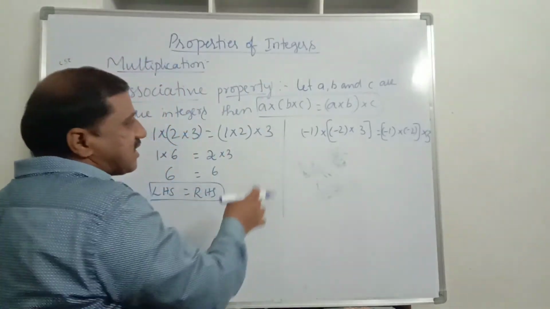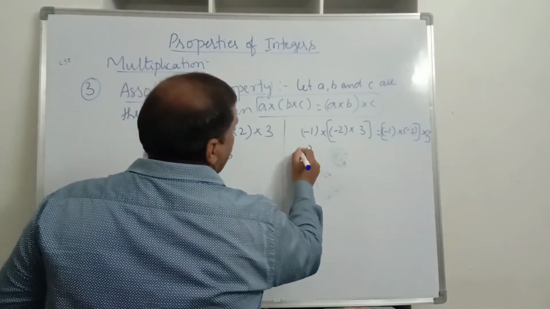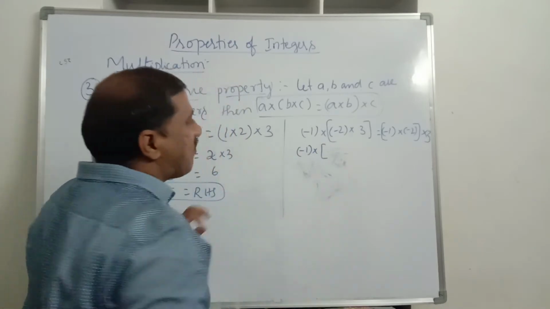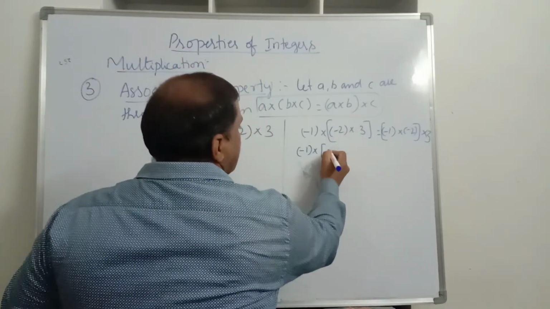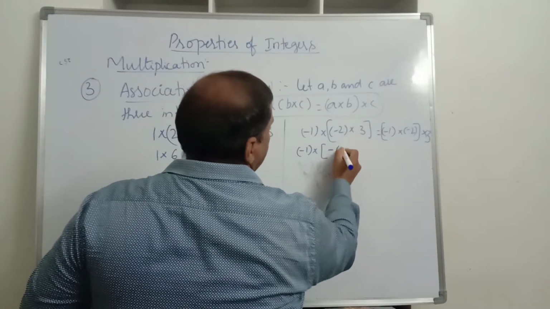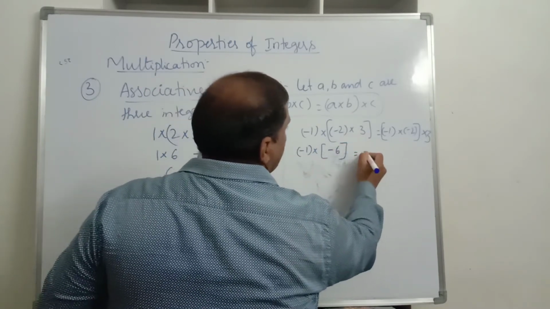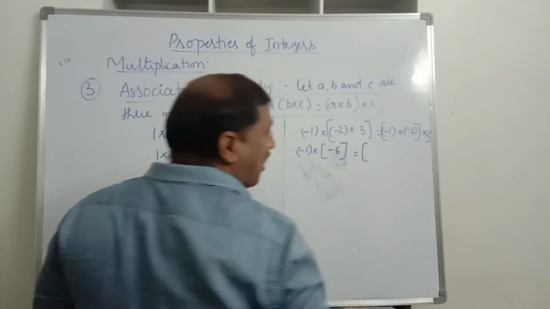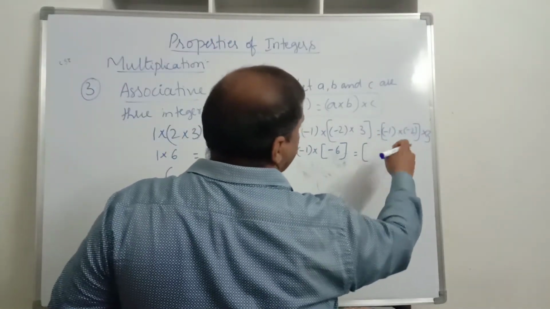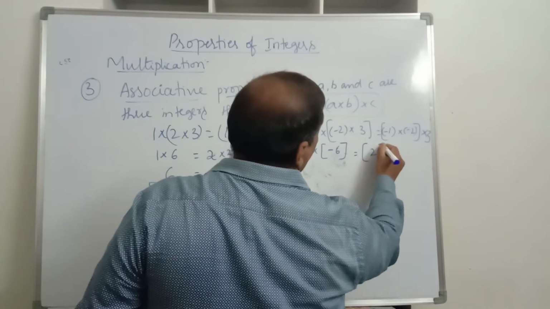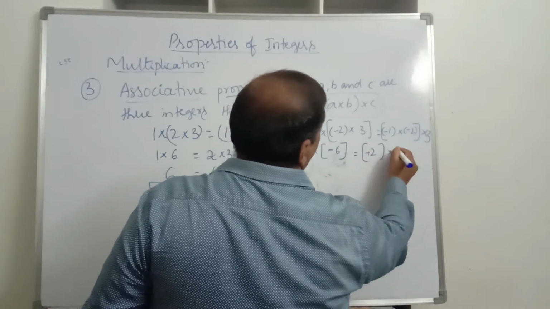We will check whether it is satisfied or not. So first simplify inside the bracket. Inside the bracket we have minus 2 and 3. Minus into plus it is minus, 2 3s are 6. Minus 6 we got. That is equal to, now on RHS side multiply minus 1 and minus 2. Minus into minus is plus, 1 into 2 it is 2, that is plus 2 into 3.